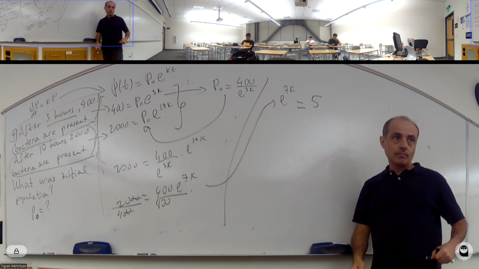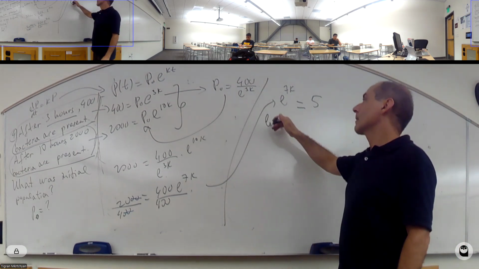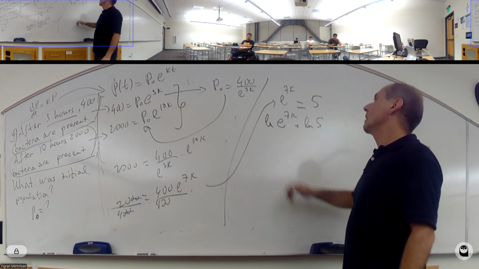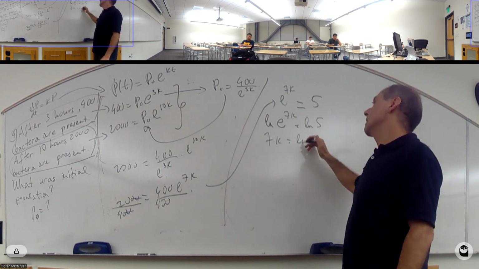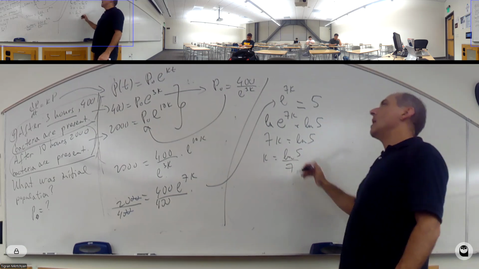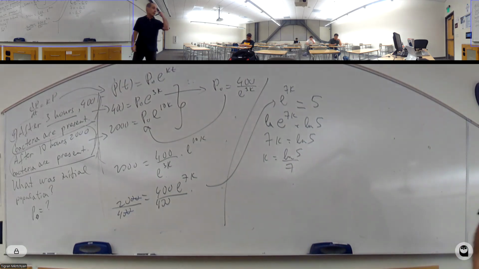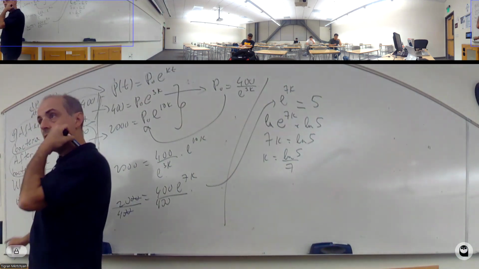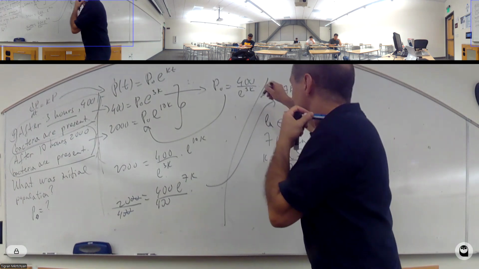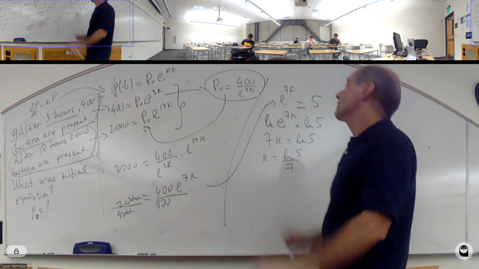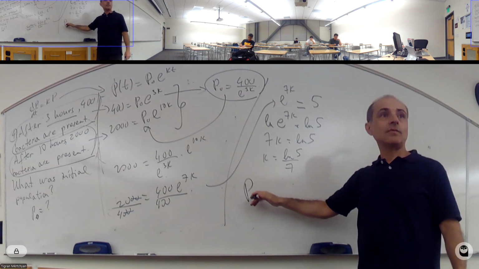Then what? You take the natural log. So 7k will be ln 5, so k is ln 5 divided by 7. So we got the k. How do we get what we are asked for, P0? We already have that formula for P0, but you're right, we could have done that.